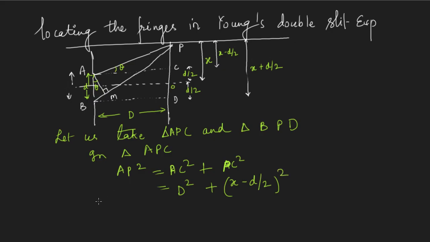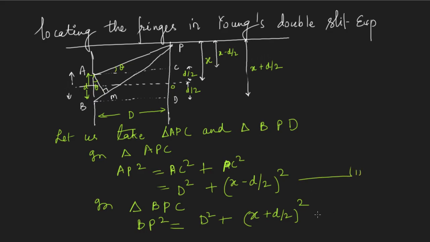Now in triangle BPD, again using Pythagoras theorem, I can write BP square is equal to D square plus x plus d by 2 whole square. Let us mark this equation as 1 and this equation as 2.